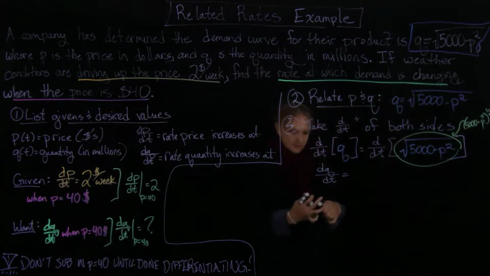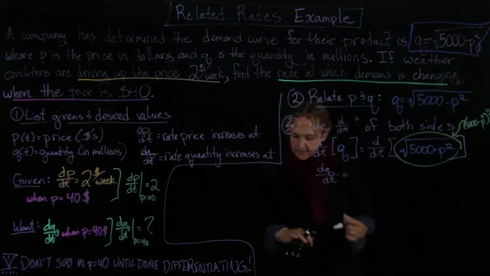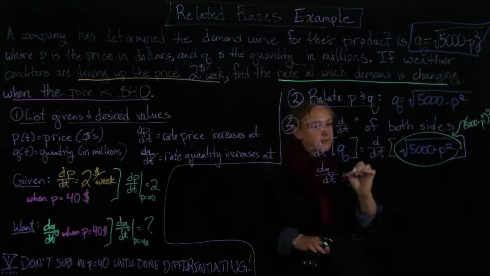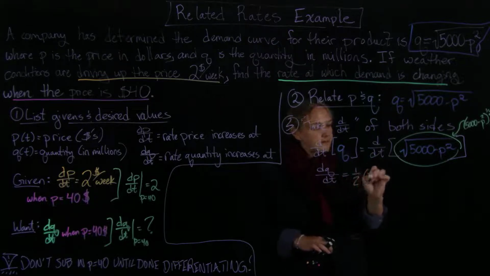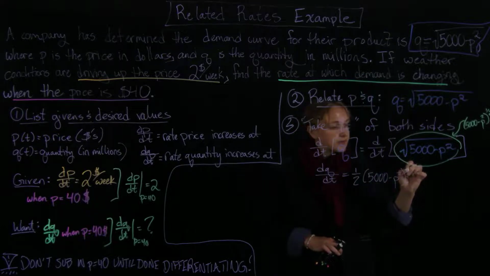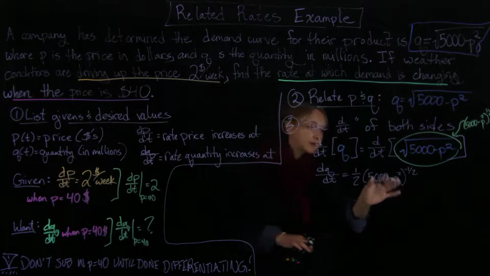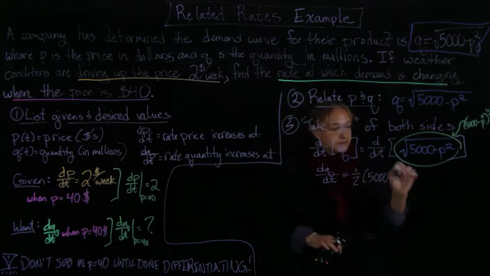Okay, now I think I'm ready to write this all down. So we have 1/2 times 5,000 minus p squared to the minus 1/2, right? This is just treating this like a power. We're using the chain rule, but now we need to take the derivative of the inside using the chain rule.